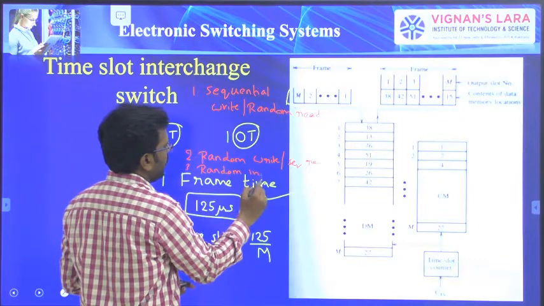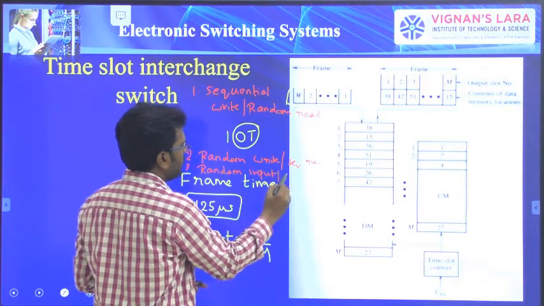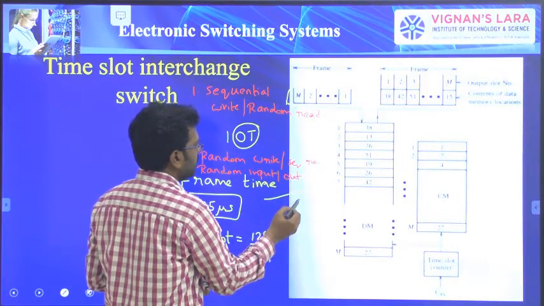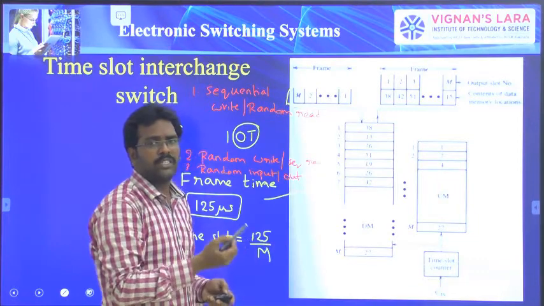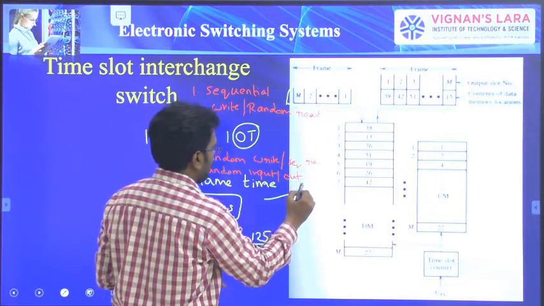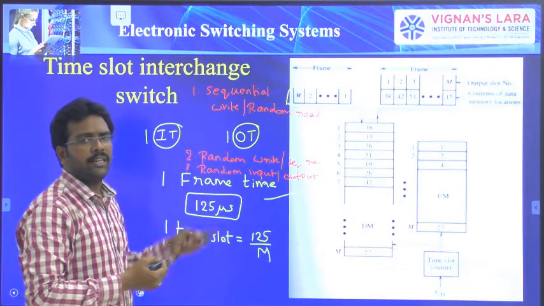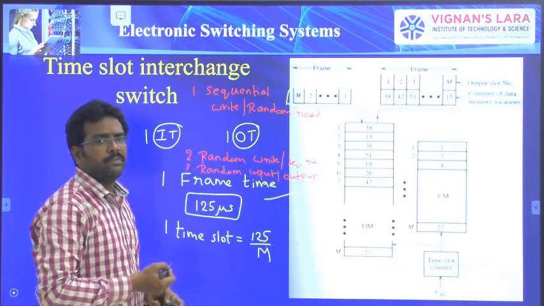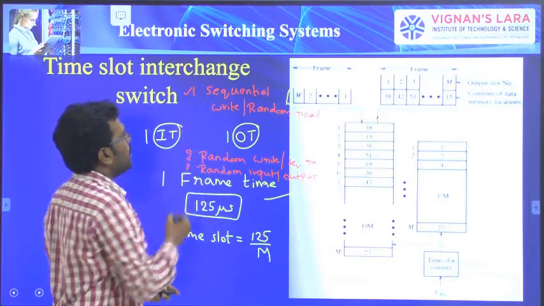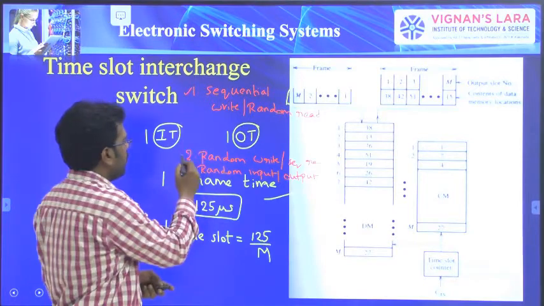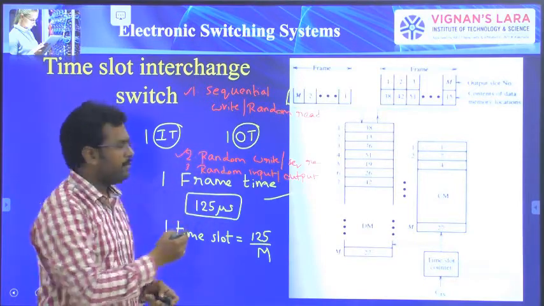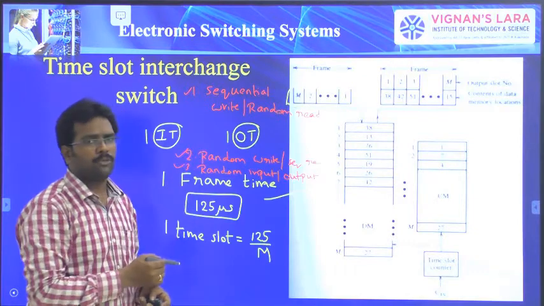We came across all these points while discussing the basic time division time switch. Here also we can operate these TSI principles either as sequential write by random read, random write by sequential read, or random input by random output.